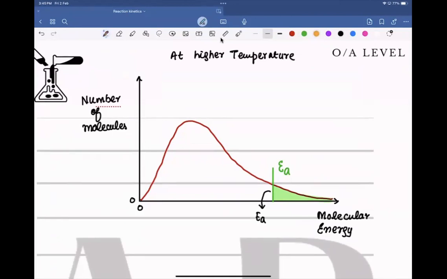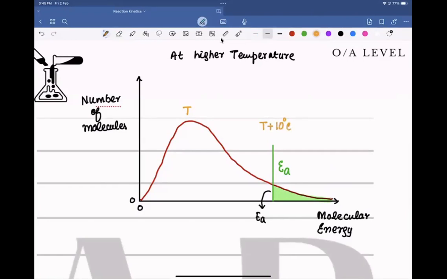So this is the temperature T, and we are going to observe the graph at a higher temperature, 10 degrees Celsius higher than this.